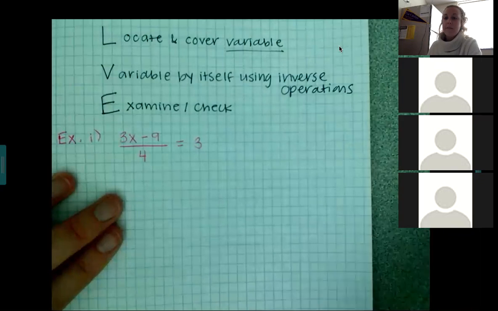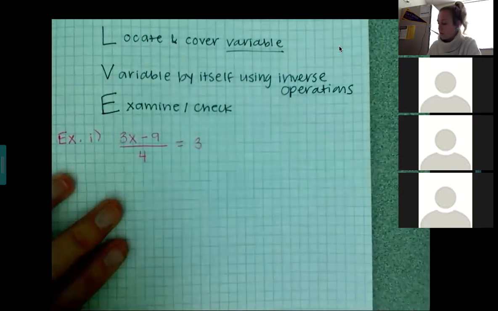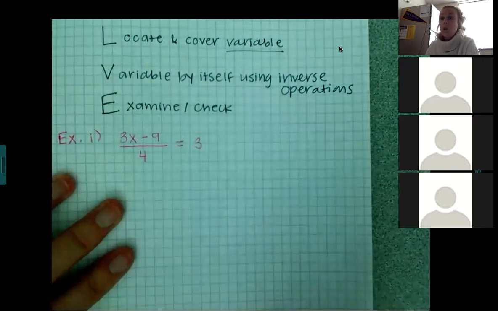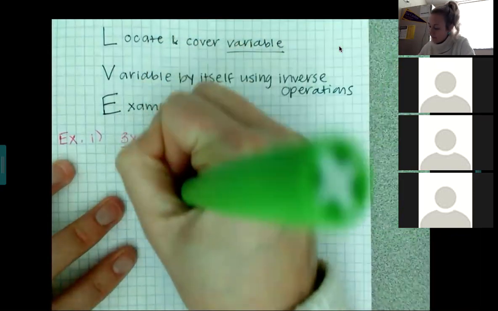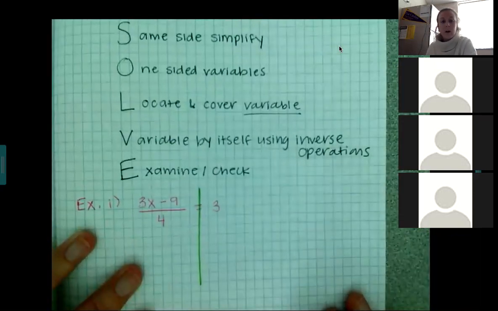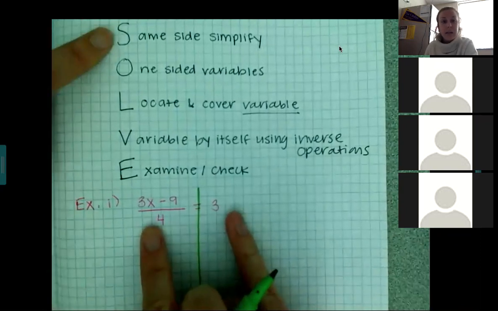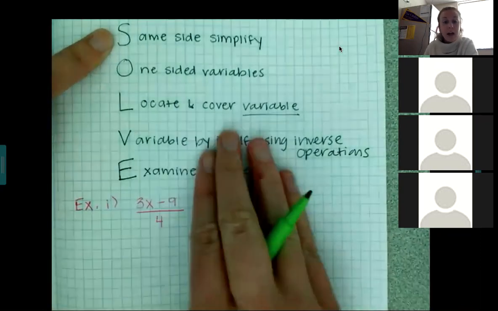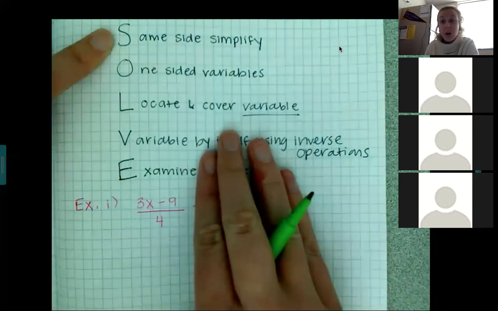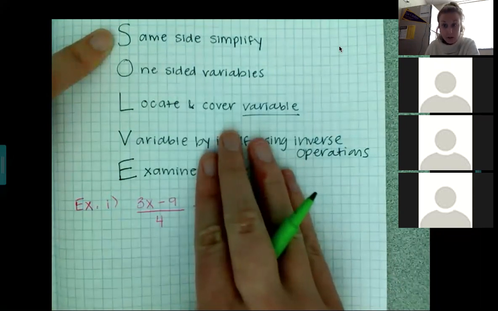All right, what's the very first thing we should do, y'all? Draw your wall. Good job. Now, when you look at the two sides, what I mean by same side simplify, look on the left. Is there anything on the left we can combine or put together? The 9 and the 4.